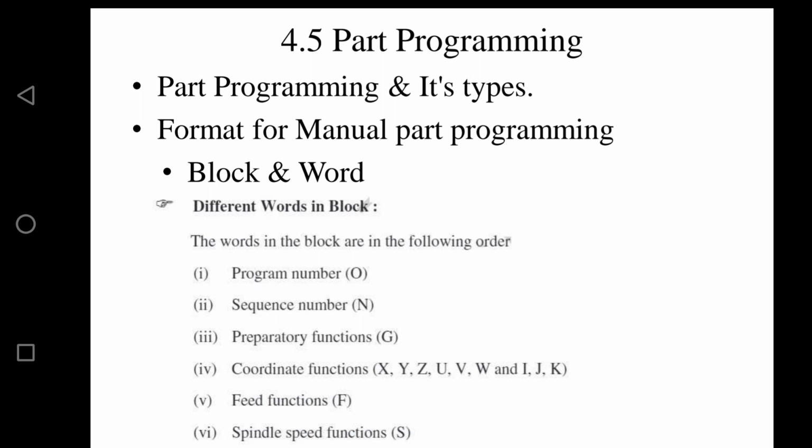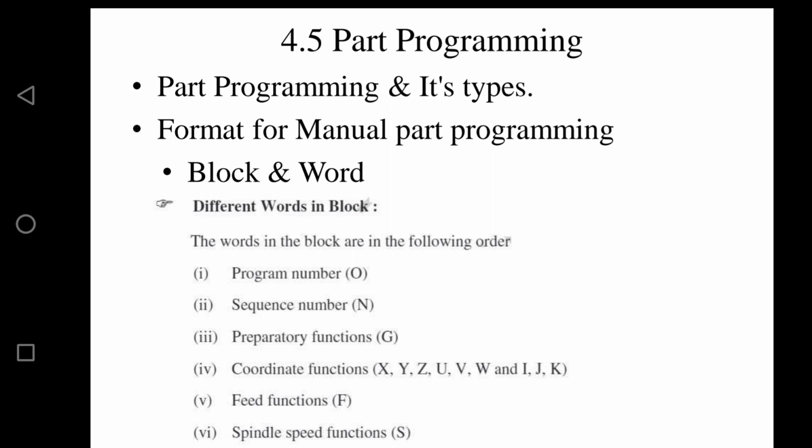If you represent any point on the object using that reference point, that system is called the absolute system. The second one is the incremental system. In the incremental system, the coordinates of the points are mentioned in the program with respect to the previous point. I am only considering the last point I mentioned. That system is called the incremental system.